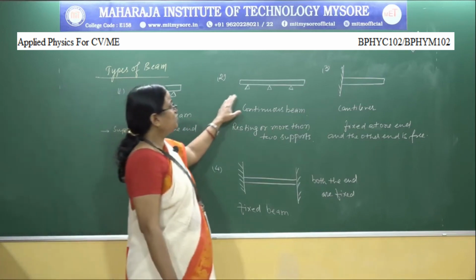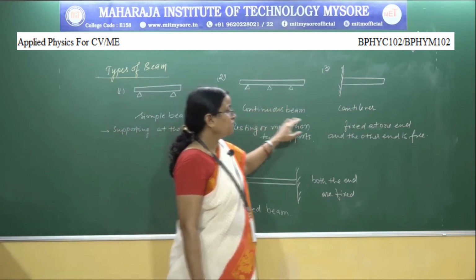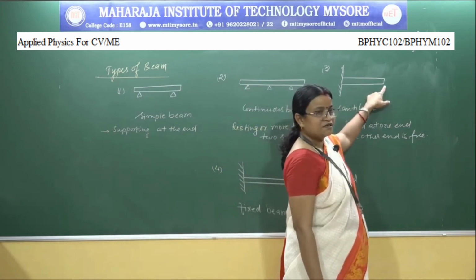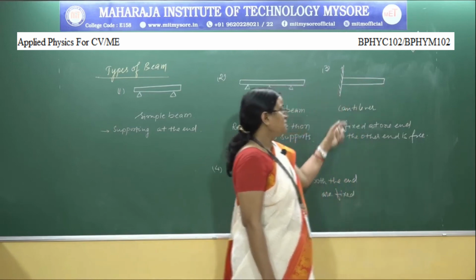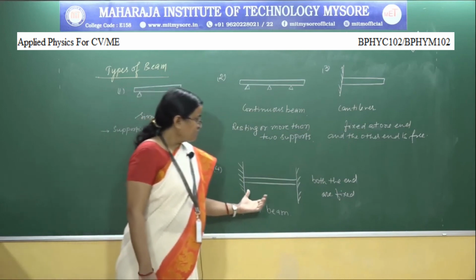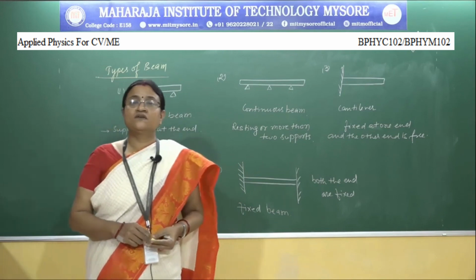When the beam has more than 2 supports, we call it a continuous beam. When one end of the beam is free, so that we can apply the load, and the other end is fixed, we call it a cantilever. And the beam with both the ends fixed, we call a fixed beam.